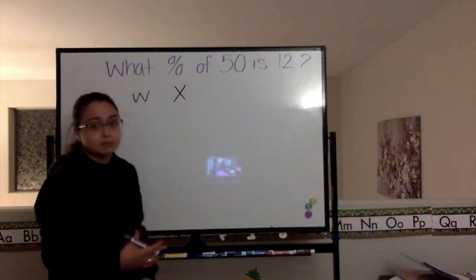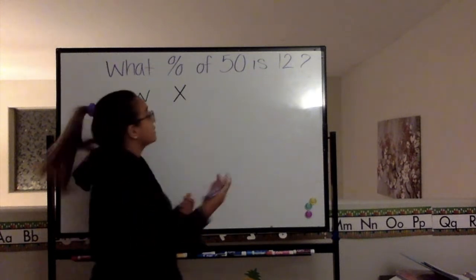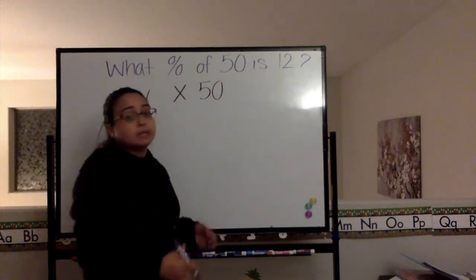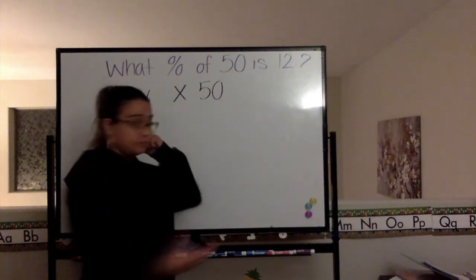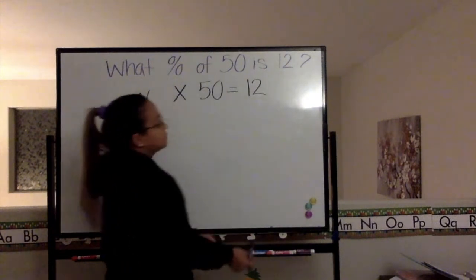We're going to be multiplying. And what are we going to be multiplying by? 50. Is going to be our equal sign. And obviously 12 is going to be 12.